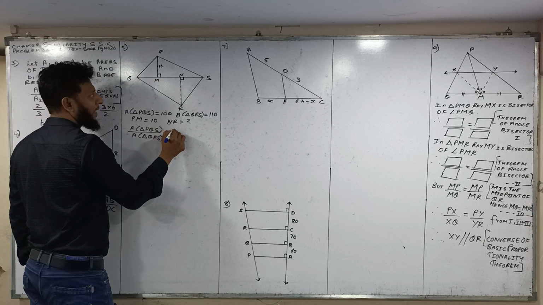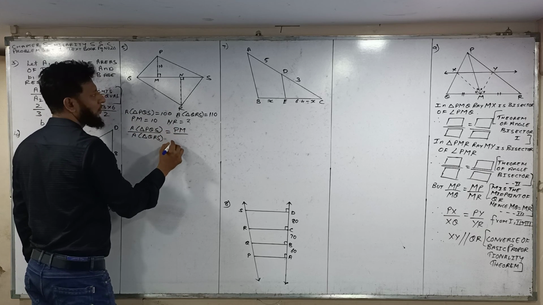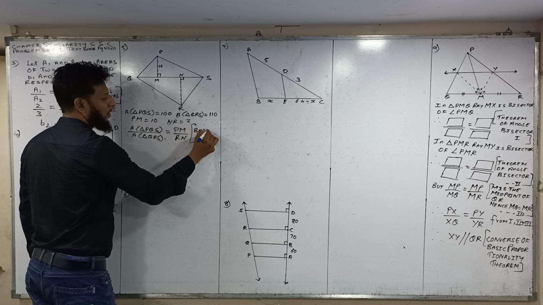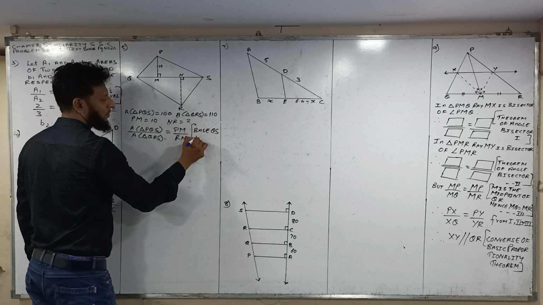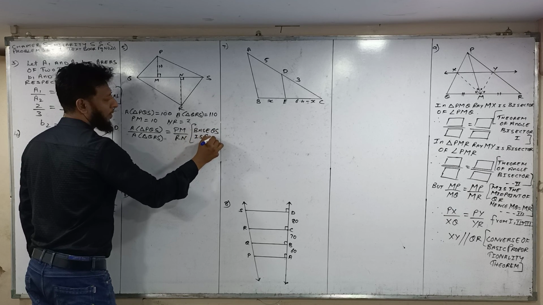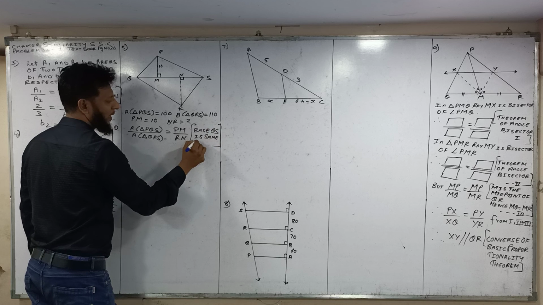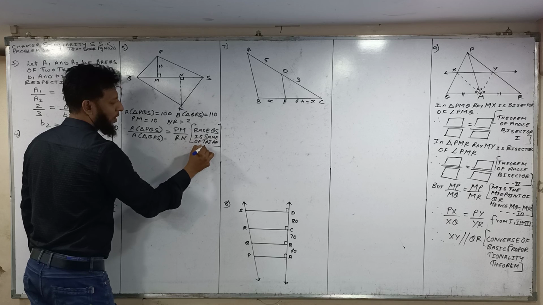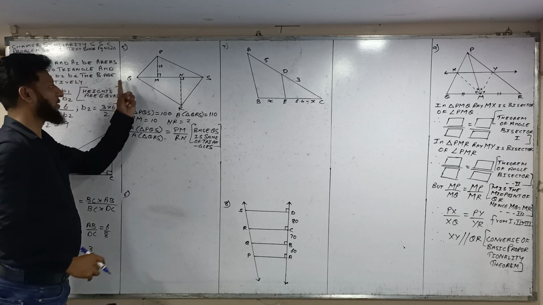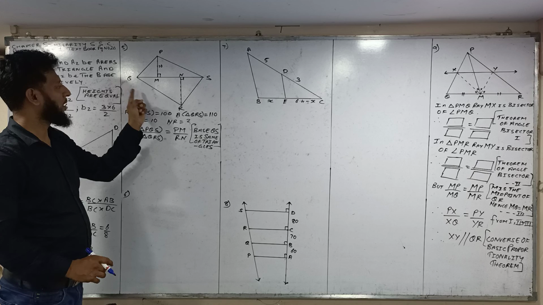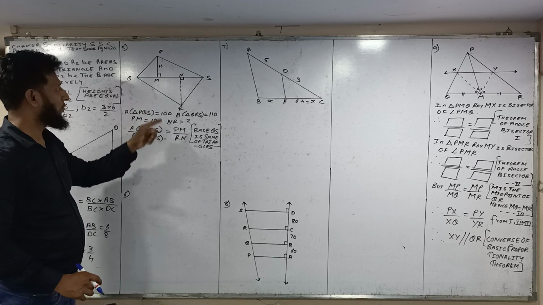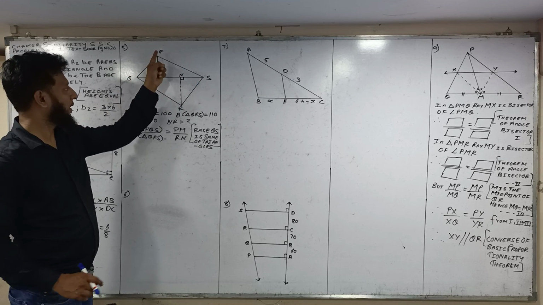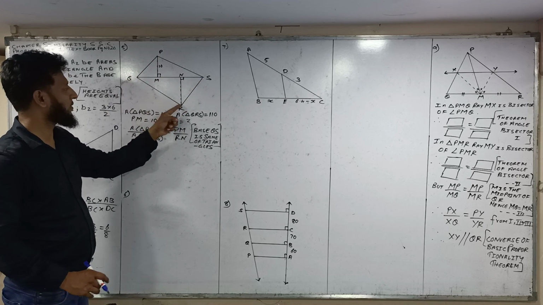We are writing directly height PM upon RN. Base QS is the same for both triangles PQS and QRS. So the areas are proportional to their height. So PQS height is PM and QRS height is RN.